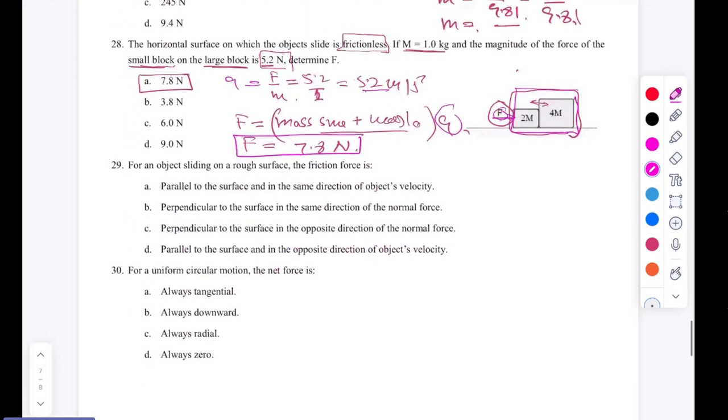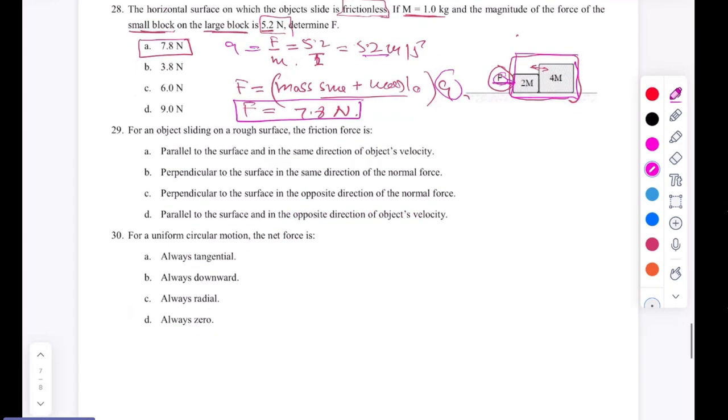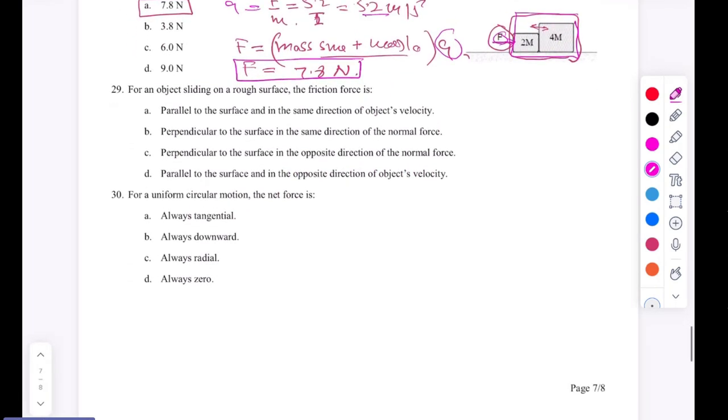Next question is 29. For an object sliding on a rough surface, what will be the friction? Friction is always a parallel force, so these two will be cancelled out.